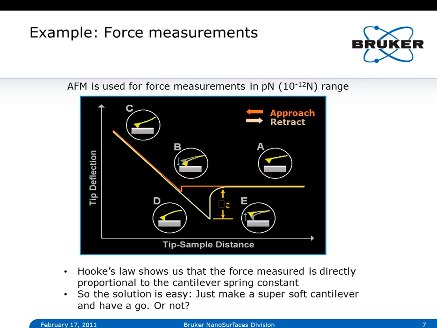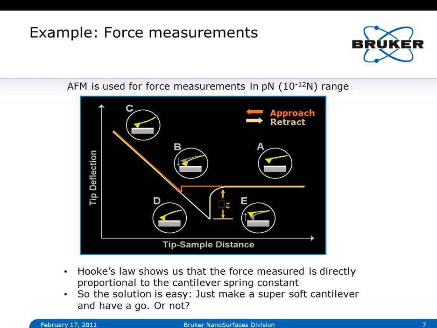We bring these two objects together. At one point the tip will contact the sample, and then it will deflect with further movement of the two objects. When we pull them back, we're going to have some hysteresis, and at one point the cantilever leaves the surface again.